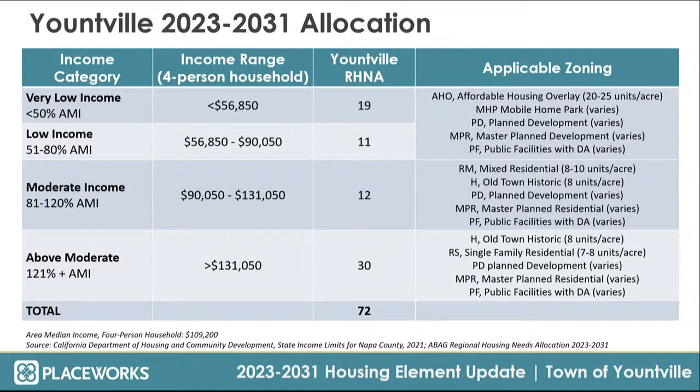That currently allows multifamily high density in the overlay zone. Moderate income would be duplexes, attached houses, mixed use, all those types of things. And then above moderate is all your single family. So on the right-hand column, we just included from your zoning code where we would show those designations with what land is available. Next slide.